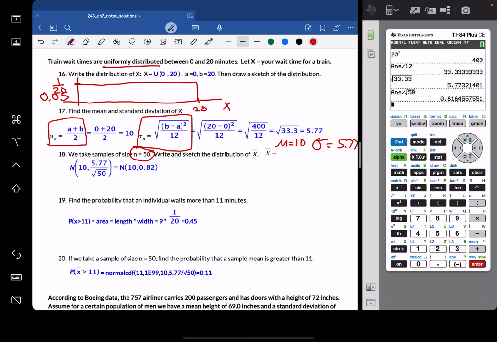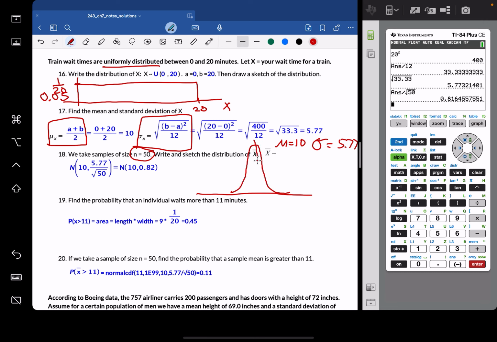And it also said to sketch the distribution of x bar. So what will the shape of the x bar distribution be? Is it another rectangle? No, it's a normal distribution. We've exceeded the requirement of a sample size of 30 or bigger. And so I'm just going to draw kind of a narrow normal distribution.